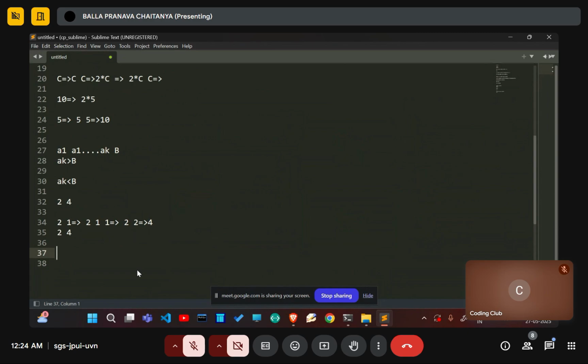It will only be disturbed when the previous element ak is less than our current element b, and b must be divisible by ak, and the value b by ak must be some power of 2.